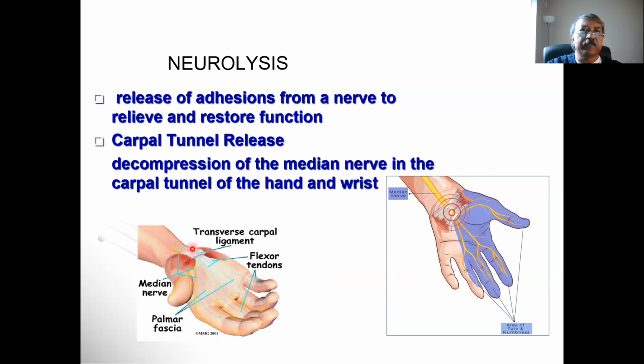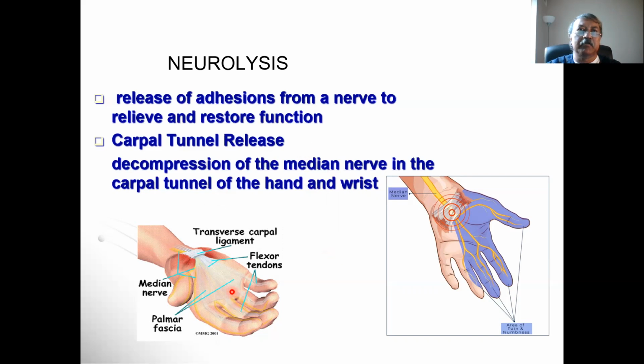They take a knife, go through the skin, expose the transverse carpal ligament, and identify the median nerve underneath it, and they cut right on top of the transverse carpal ligament, where the median nerve is located right underneath. By doing that, the pressure on the median nerve is gone. The decompression procedure is done. This decompression of the median nerve is called carpal tunnel release.